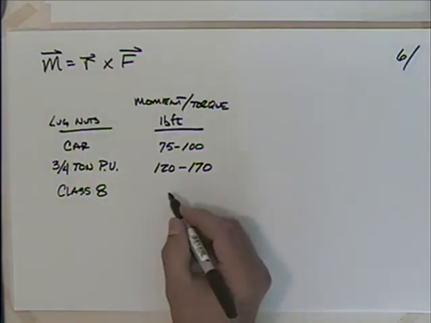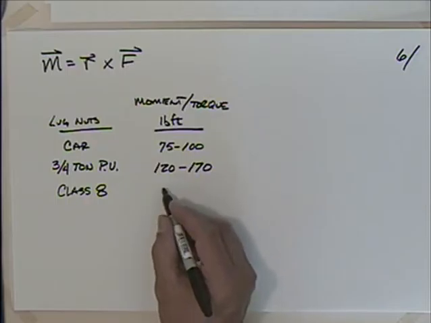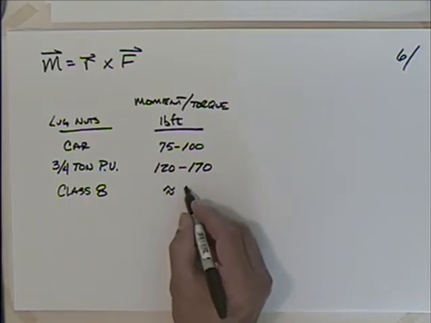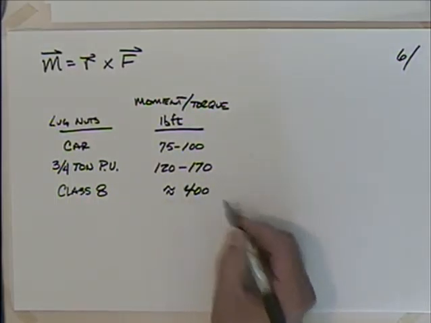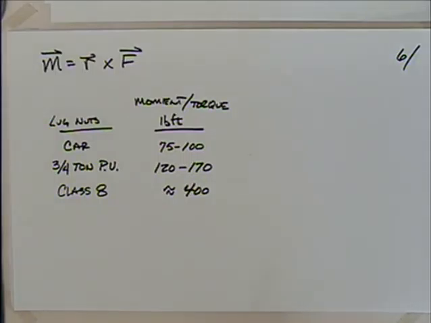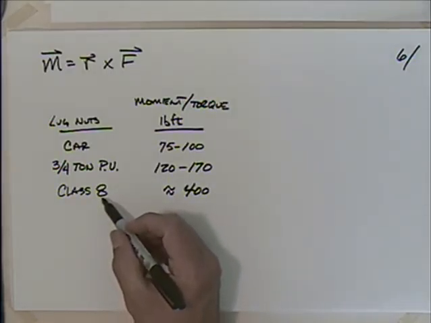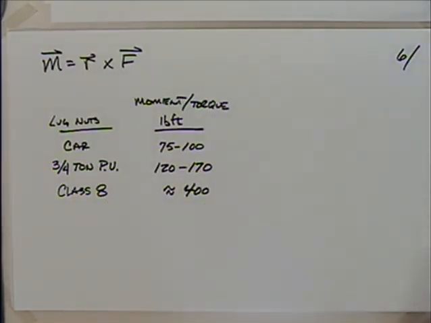Again, they're different for different vehicles, but these are the general ranges. You're going to be somewhere around 400 pound-feet for class 8. That's the classic 18-wheeler, the semi-truck, or maybe a big garbage truck. Garbage truck, not necessarily class 8, but something about that size.